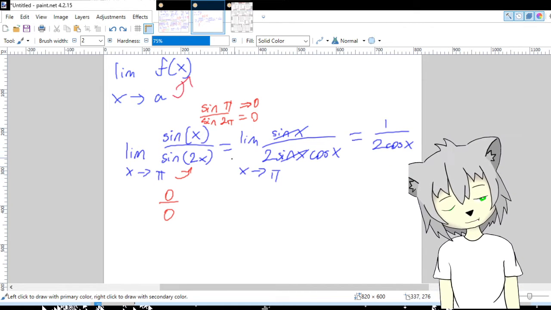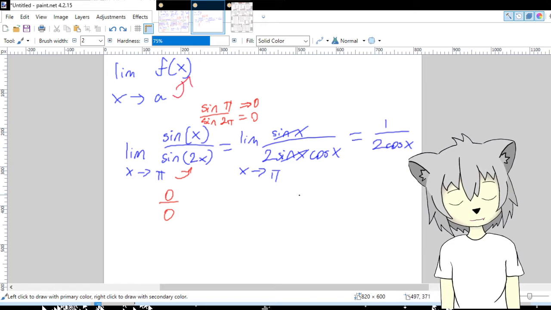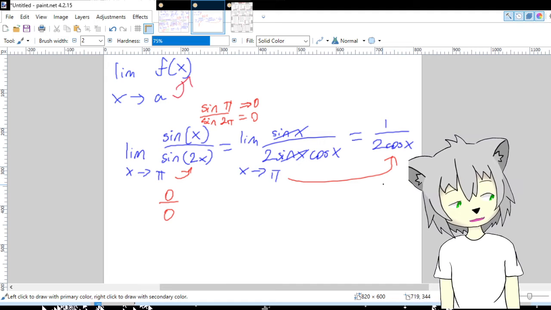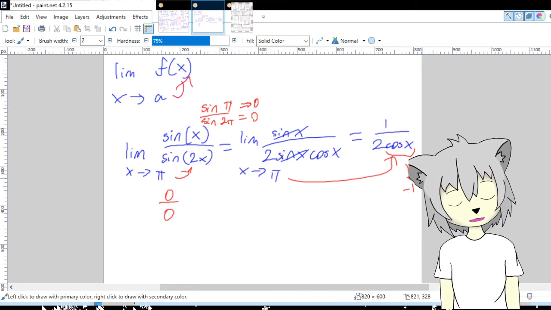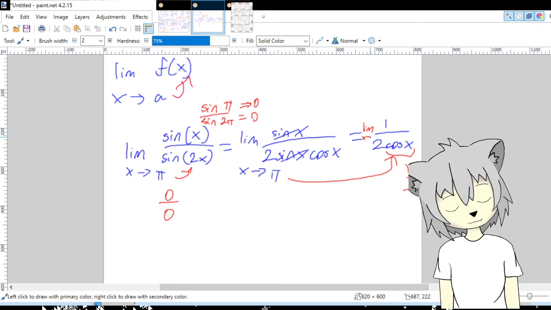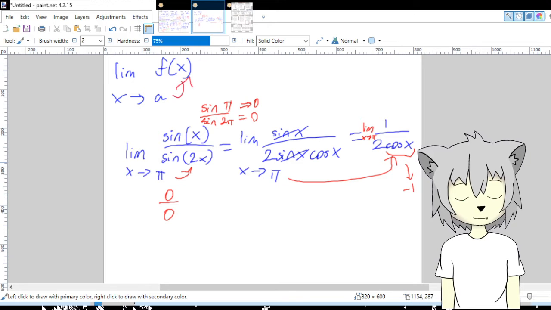You basically simplify it because you got indeterminate form, and once we plug that in, we got 1 over 2 cosine x, cosine x at pi equals 1, I believe. No, that's -1. So the limit ends up being, we should probably also keep that there because we haven't really gotten rid of the limit.